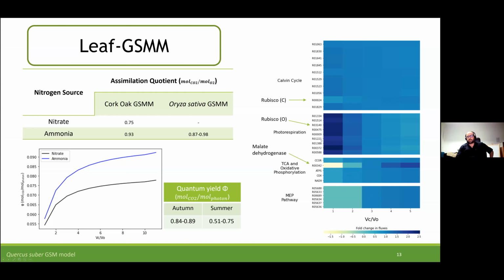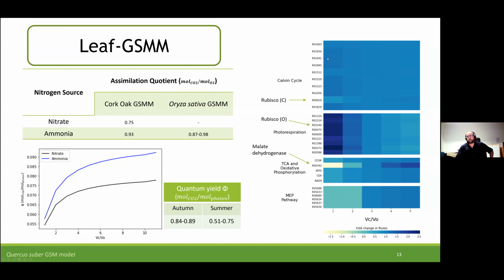Also, as expected, when we decrease the carboxylation oxygenation ratio, there is the drought stress, so there is an increased flux in the photorespiration. So we can see here the oxygenation reaction of the Rubisco increases in flux, as well as all the reactions involved in the photorespiration pathway.